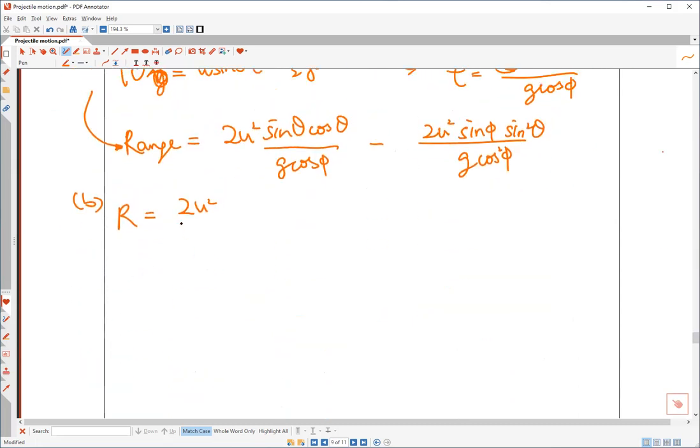So I will put the 2u squared over g cosine phi, so 2g cosine squared phi. And then it will become like this one.